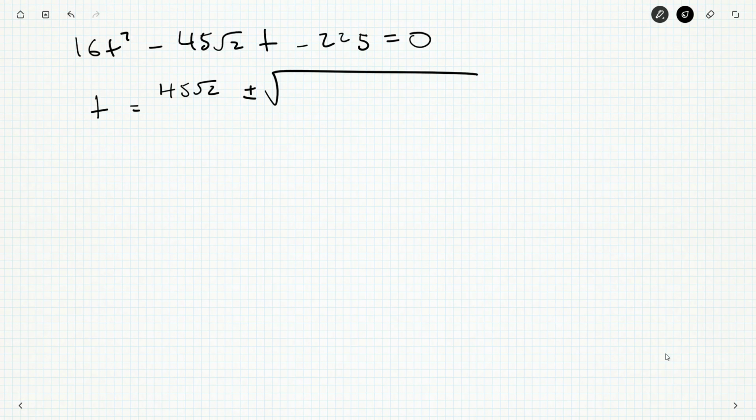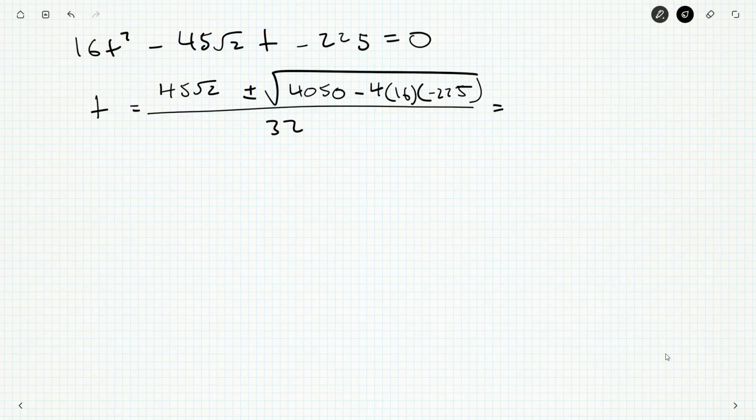45 squared is 2025, times 2 is going to be 4050, b squared, minus 4ac, all over 2a.